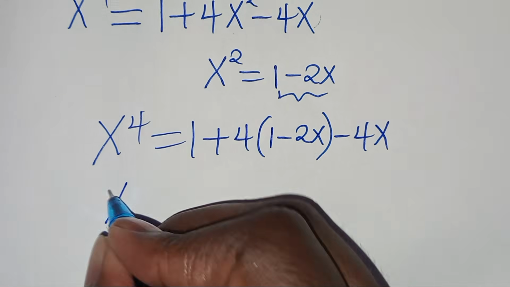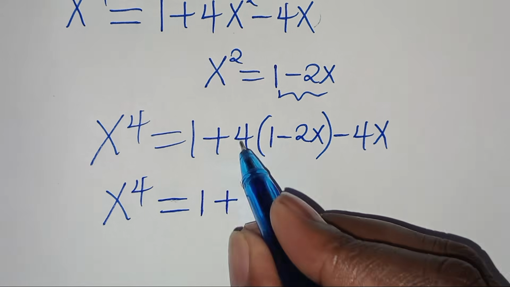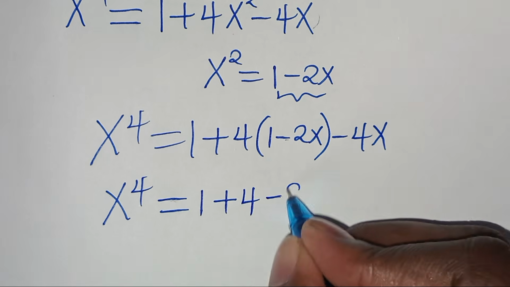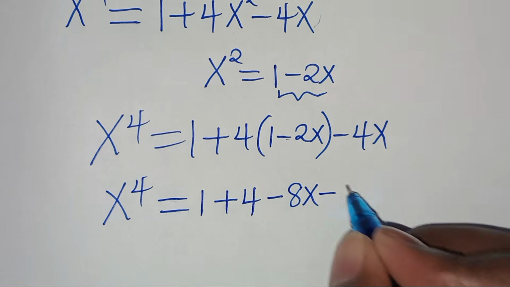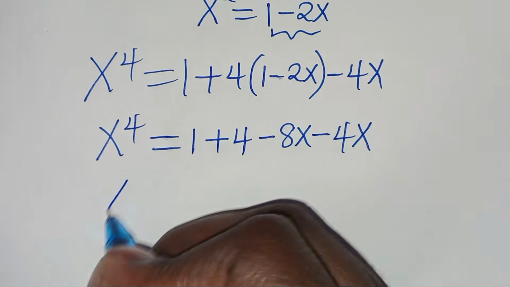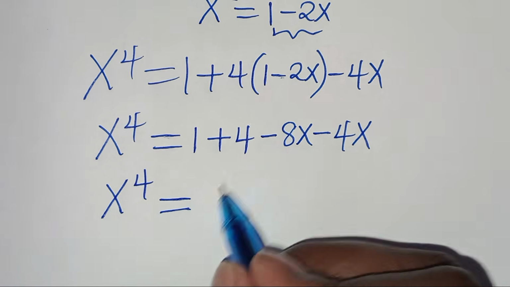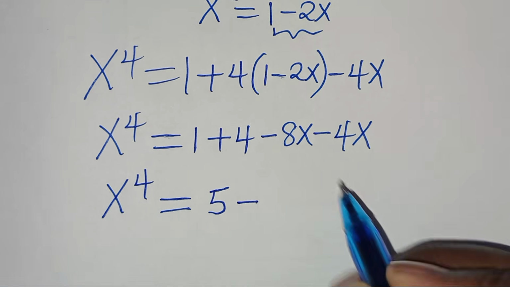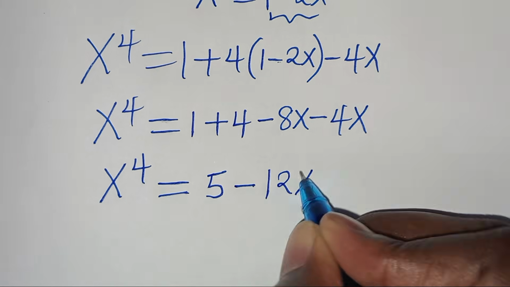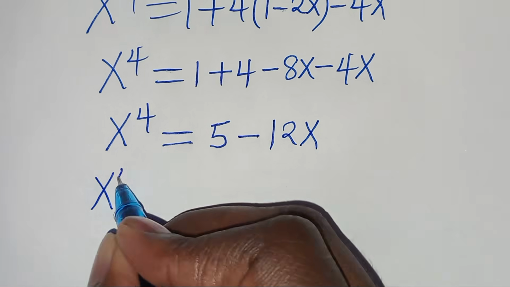So x to the power of 4 is equal to 1 plus 4 times 1, which is 4, and 4 times minus 2x, which is minus 8x, then minus 4x. So x to the power of 4 is equal to 1 plus 4, which is 5, subtract 8x minus 4x, which is minus 12x.